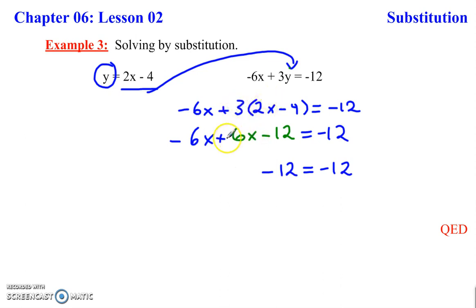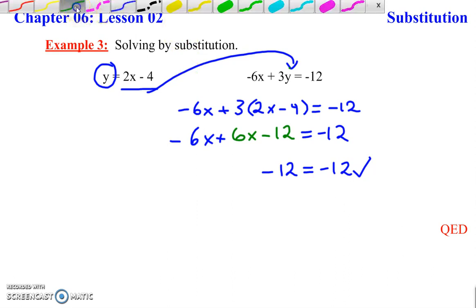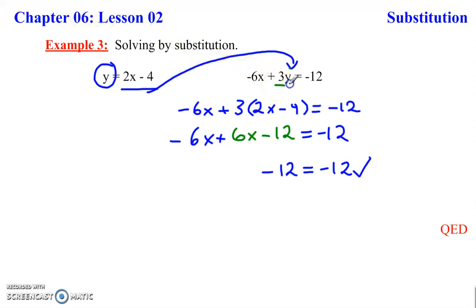Okay, after distributive property, the negative 6x and positive 6x cancel out, and you get negative 12 is equal to negative 12. Well, that is a correct statement. What does this mean? This means there are an infinite number of solutions. Why? Well, if you go back to your original equation and solve it for y, put 6x on the other side, then we get 3y is equal to 6x minus 12.